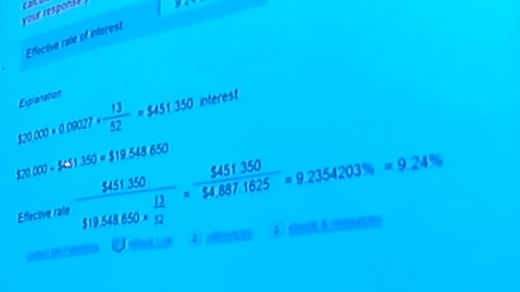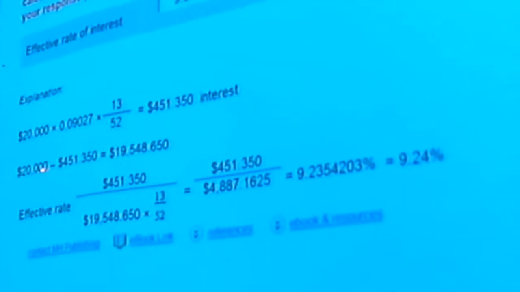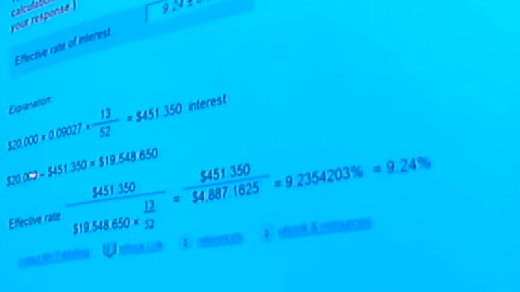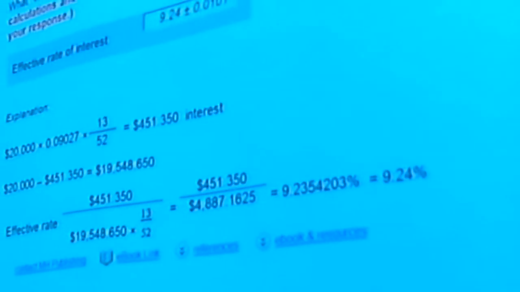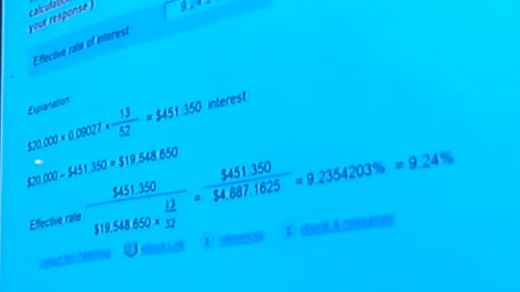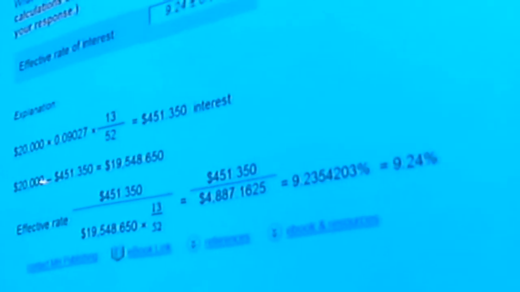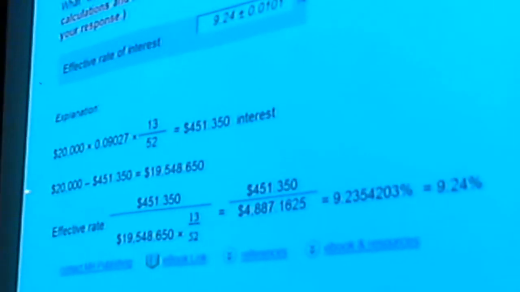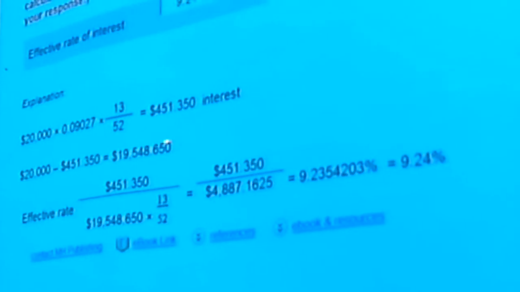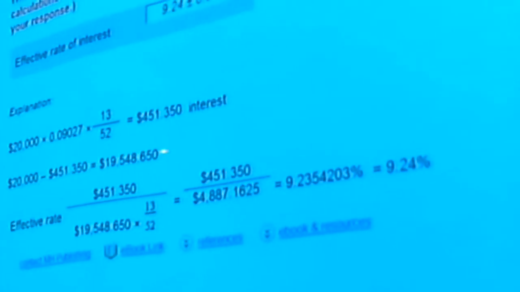Okay? So here's the interest. We get the interest. Now what's the next step? Always subtract the interest from the face value, and you get what? What you actually paid for it, the cost.